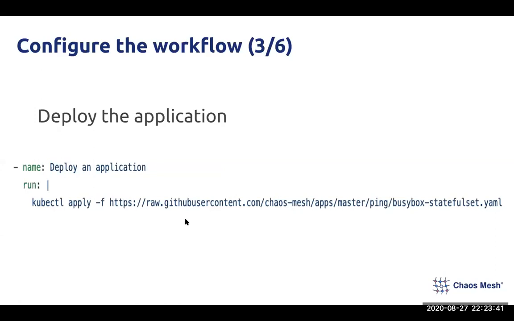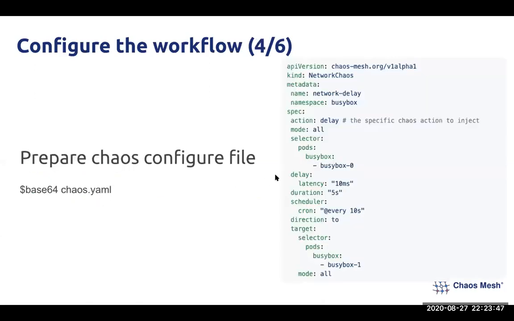Next, we will deploy the application, which will create 2 pods. And then we need to prepare the chaos configuration file in our local environment. You can look at this example configuration. This configuration will inject network chaos to increase the network delay between pods.